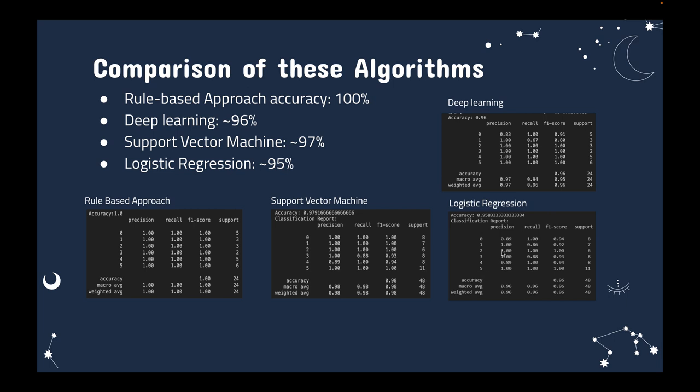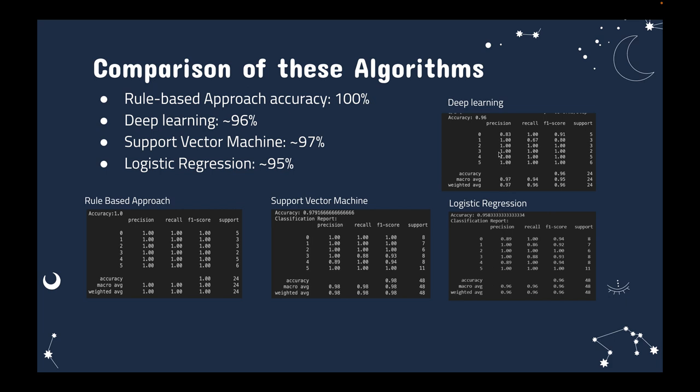For logistic regression, just a little bit off from support vector machine, but still doing pretty good. So as you can see, we get around 96 across the board as the weighted average. And the accuracy here is also pretty close to 96%.